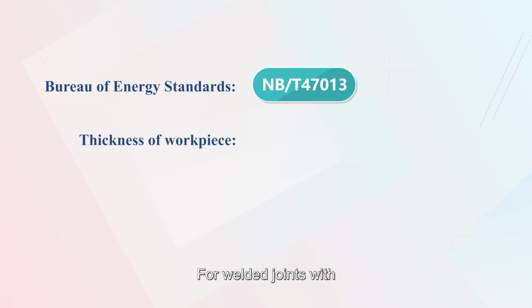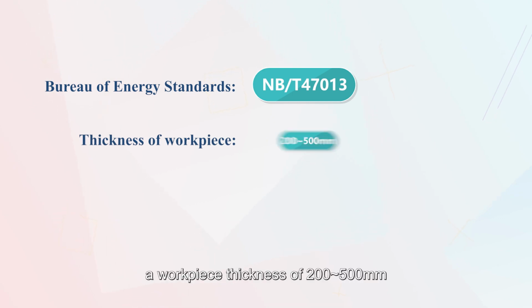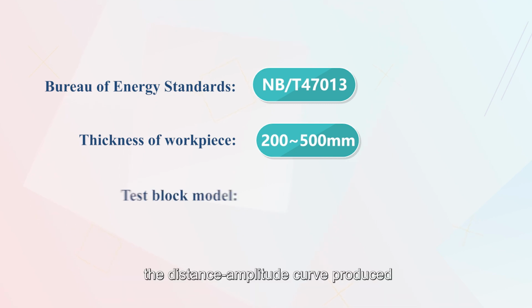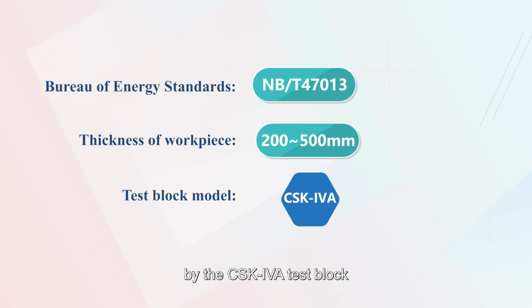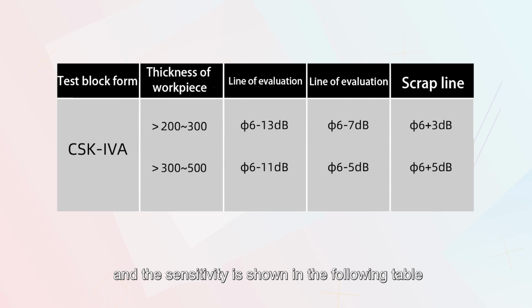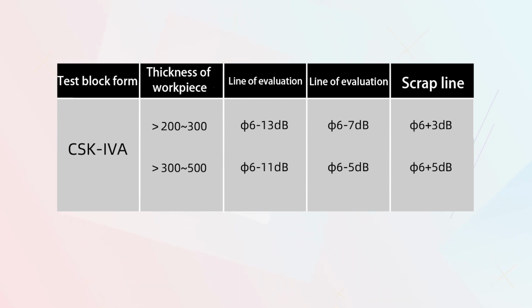For welded joints with a workpiece thickness of 200 to 500 mm, the distance amplitude curve produced by the CSK-IVA test block is used for angle probe or straight probe detection, and the sensitivity is shown in the following table.